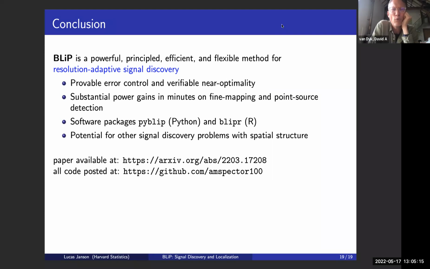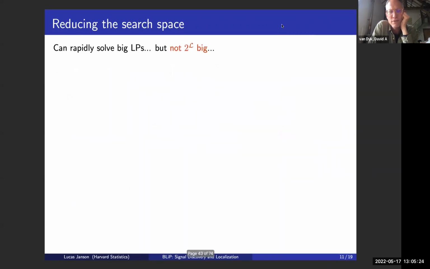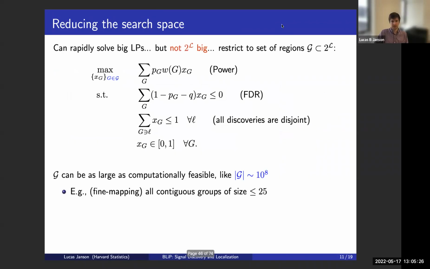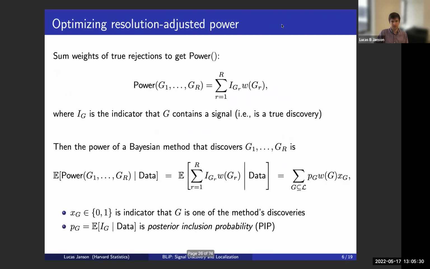So what exactly is the posterior inclusion probability? What is it exactly that you need to compute? I think the easiest place to see it is here. So it's the expectation of I_G given the data. I_G is just the indicator function that G contains a signal.